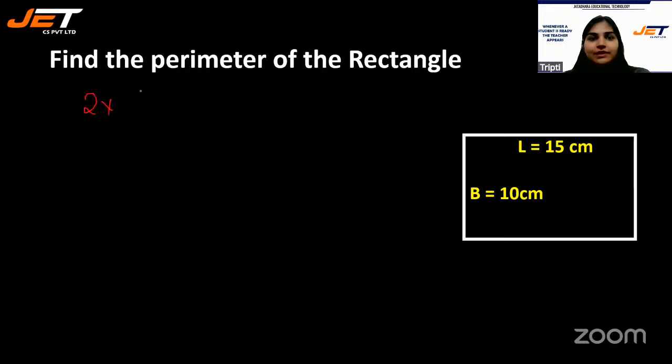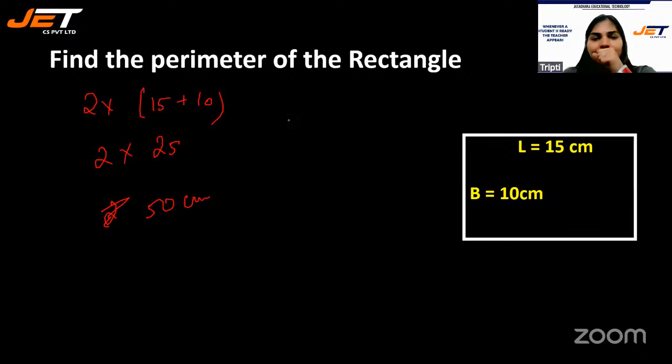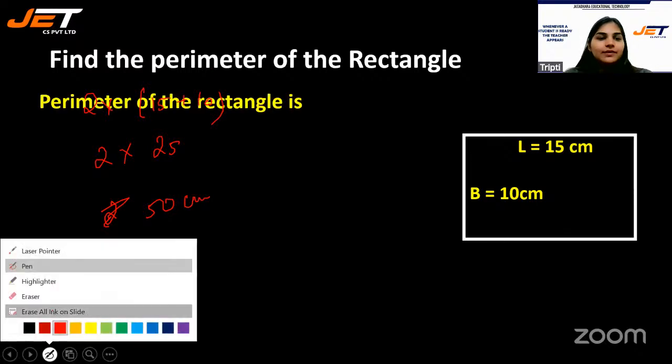The length is 15, width is 10. 2 times 15 plus 10 is 25. So 2 times 25 is 50 centimeters. That's the perimeter of this rectangle. Okay.